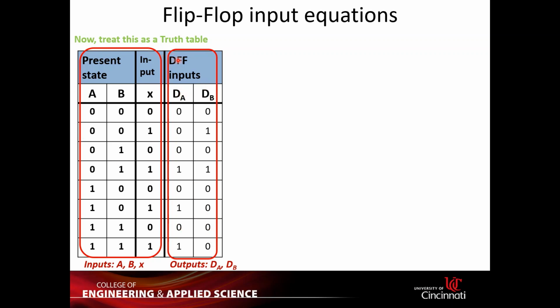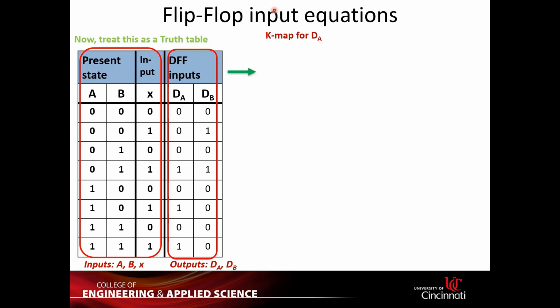So now you have a truth table, right? So you can use this truth table. Either you can use Boolean algebra, or you can use a K-map to come up with and simplify your Boolean expression for DA and DB.